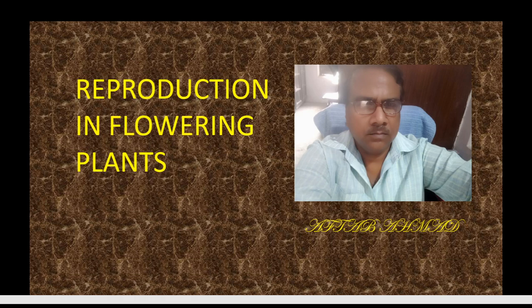These flowering plants are categorized into a group named angiospermic plants. In angiospermic plants, plants bear flowers as well as seeds enclosed in the ovary.